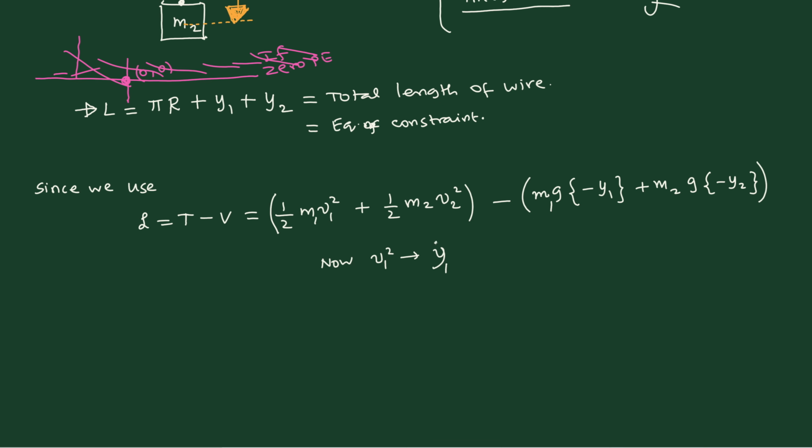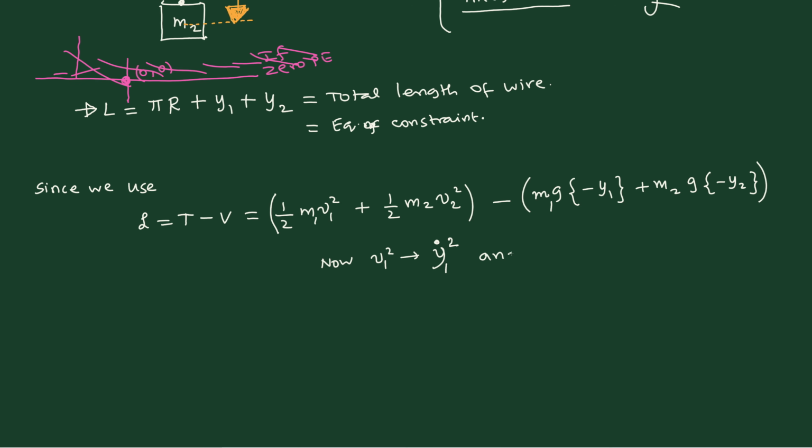Then you take a dot, because the time derivative represents the velocity, and then take a square here. That's all. So it is a simple one dimension, therefore it's only one variable. Otherwise you have to write x1 dot square plus y1 dot square plus z1 dot square. Like that you have to write, which we have seen in yesterday's class. So now it is simple because only one dimension is there. So the variable happens to be y1. That is why we are going to replace like this.